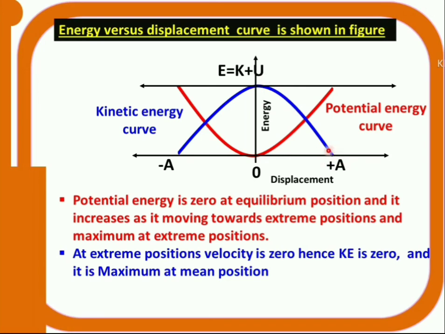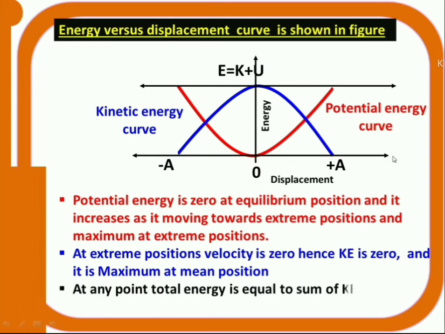That's why kinetic energy is also 0. So kinetic energy is maximum at the mean position, decreases towards the ends and is 0 at the extreme positions, right? At any instant of time, total energy is equal to kinetic energy plus potential energy, and the energy of the oscillator is always constant, given by half m a square omega naught square, right?